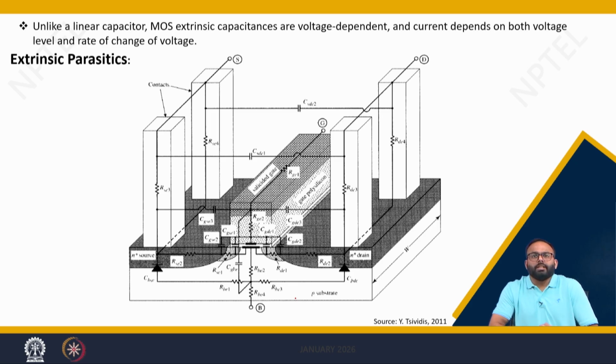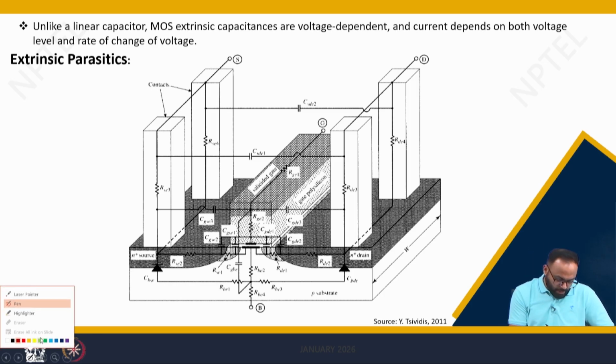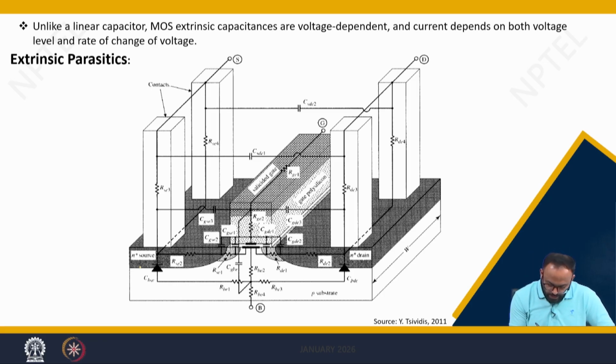Now, let's see a picture of the MOSFET. This is a bit of a scary picture which shows you all the possible components of the extrinsic as well as intrinsic transistor. If you see closely, this is the transistor we have discussed so far. This yellow region is the source.